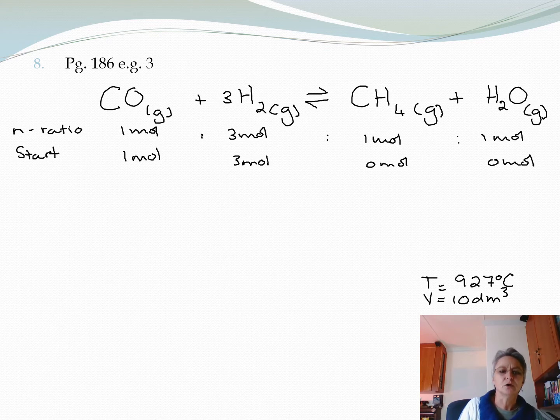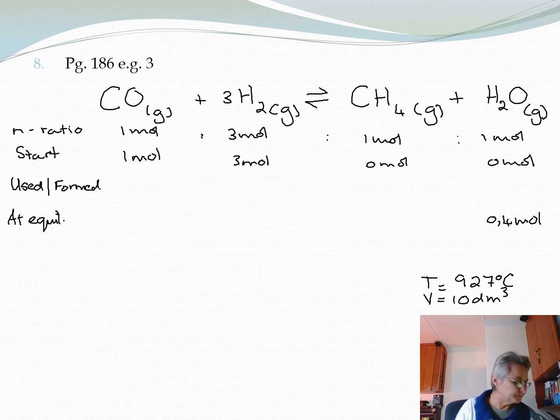So I don't know what was used or formed at this point in time, but at equilibrium we end up with 0.4 mole of water. So if 0.4 moles of water was at equilibrium, it means that 0.4 moles of water must have been formed.